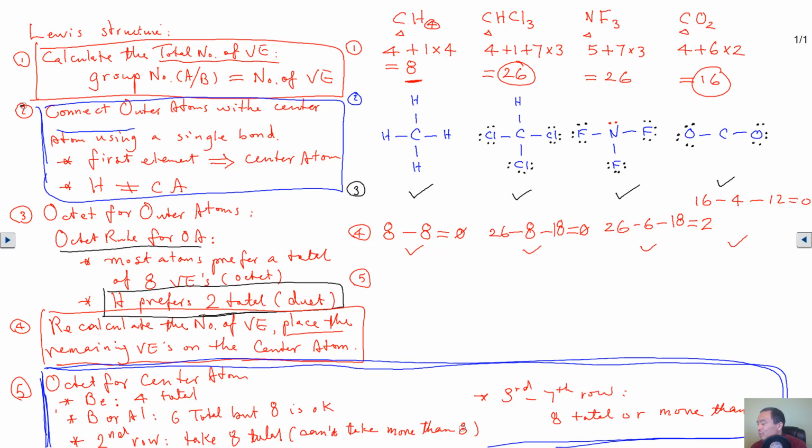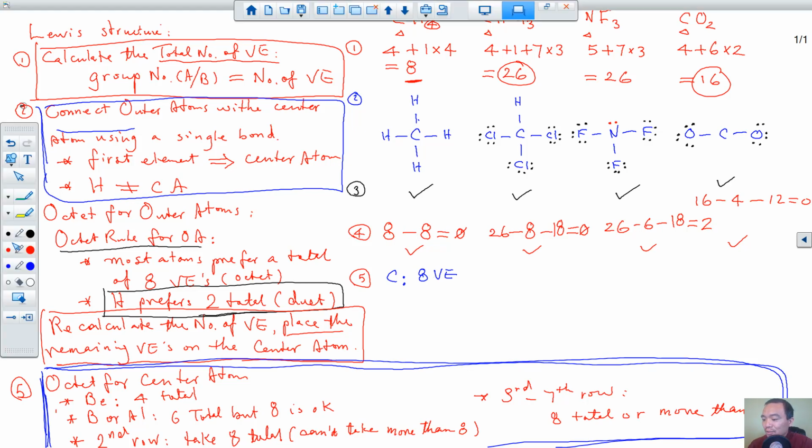Okay, so look at center atom. This center atom is carbon. So how many valence electrons does it have? This carbon has 1, 2, 3, 4. So that's 4 single bonds, no dots surrounding that carbon directly. That's 8 valence electrons already. Okay, so for this reason, we do know this is already the correct structure.